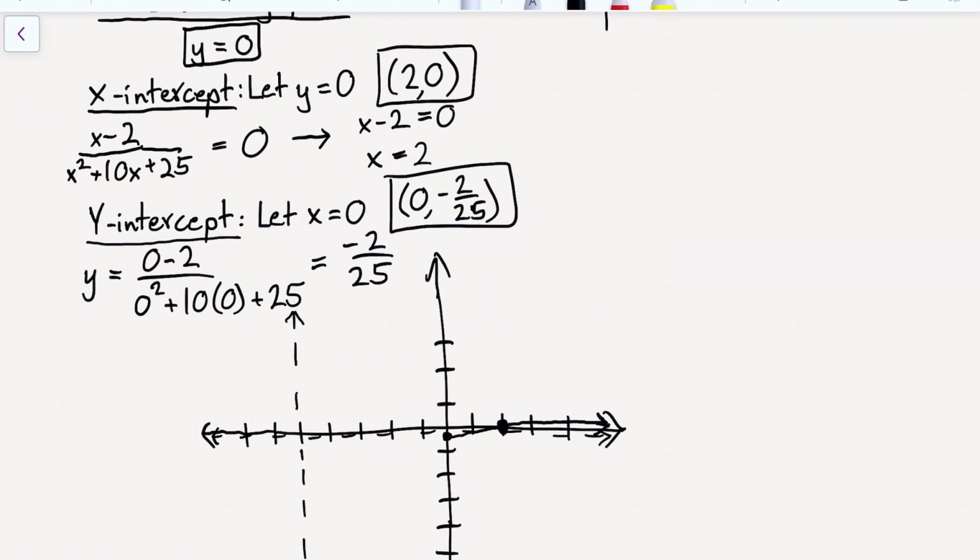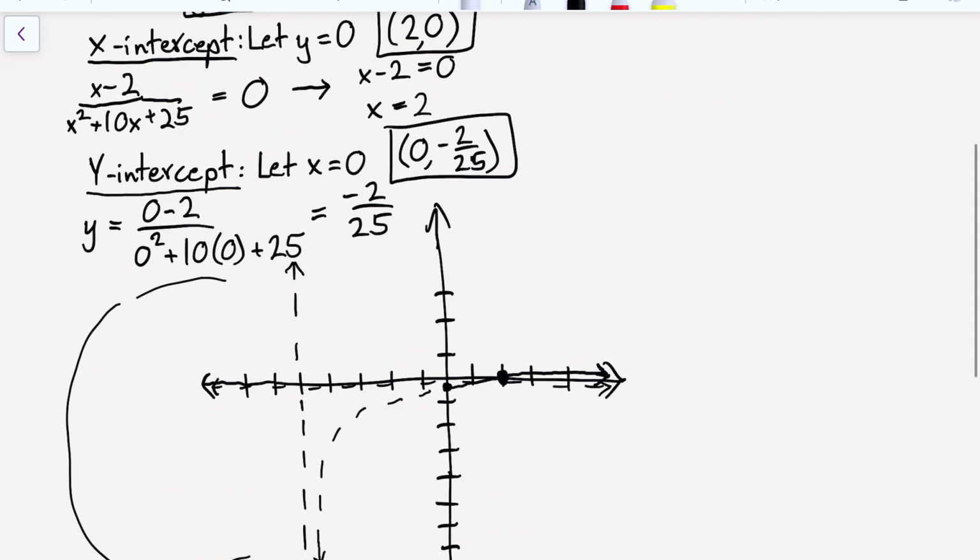And here, by the vertical asymptote, x equals negative 5, I'm expecting something like this pattern. I'm expecting the y values to go down to negative infinity. They can't be going to positive infinity here because I'm not crossing the x-axis again, so they must be extending to negative infinity. Over here in this region of the graph, I need to do a little bit of work to decide whether my values are positive or negative.